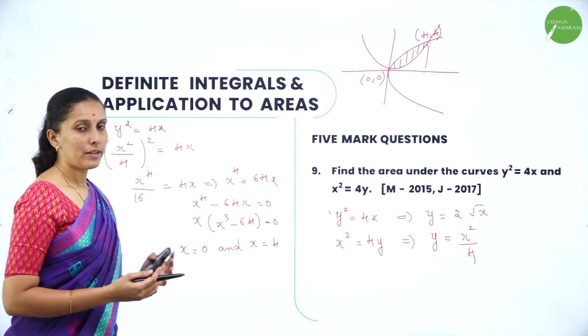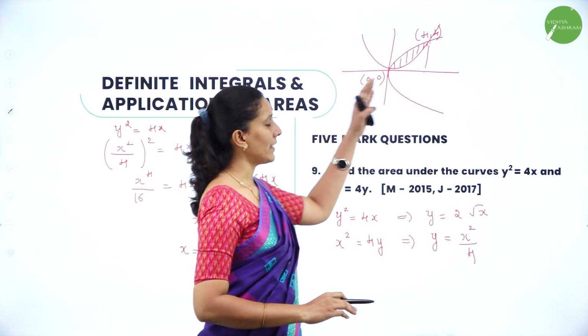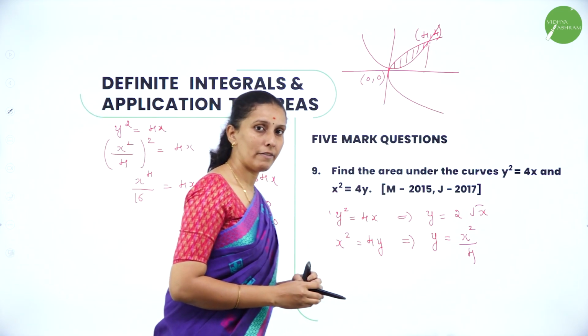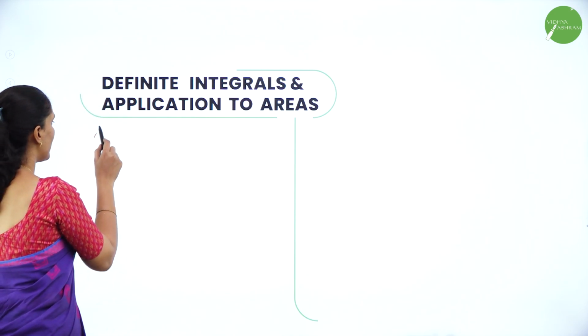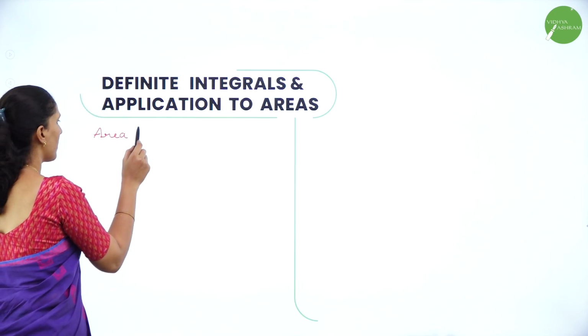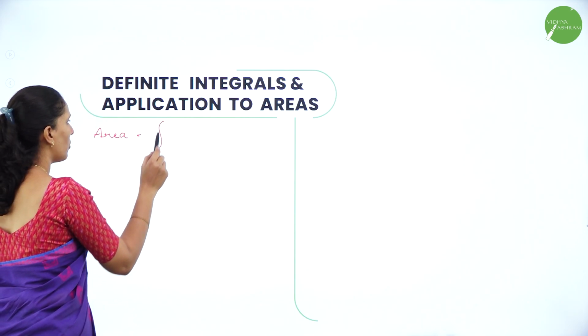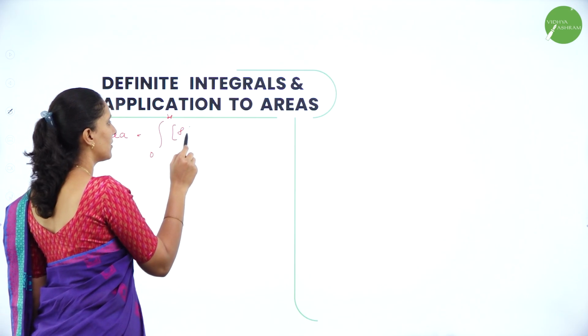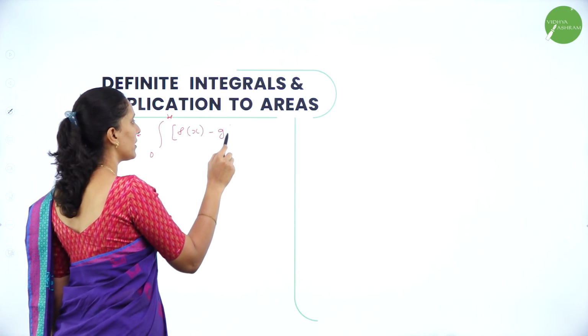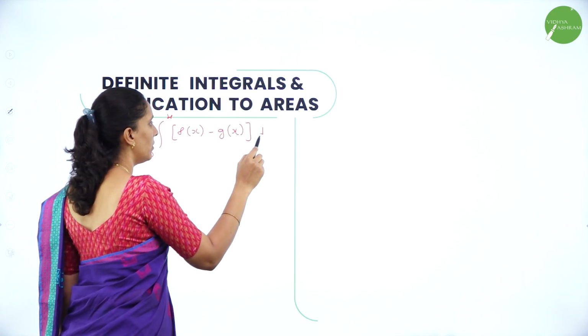So we have two methods to find the area, one with respect to the x-axis and another with respect to the y-axis. Here the area can be calculated as the integral from 0 to 4. I am taking the x coordinates, f of x minus g of x with respect to dx.